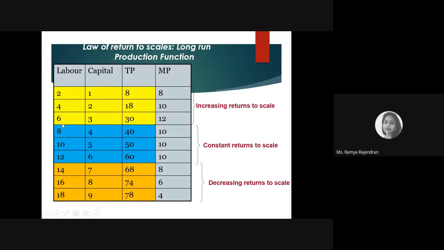Here we are only using the fixed variable factors, labor and capital. When you see the marginal product here, it is increasing, so it is called increasing returns to scale. Here it is constant for a few rows, which is called constant returns to scale. Then it is decreasing. Okay, so let's see what happens.